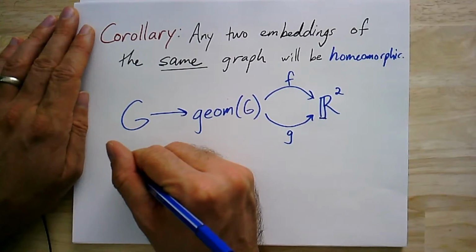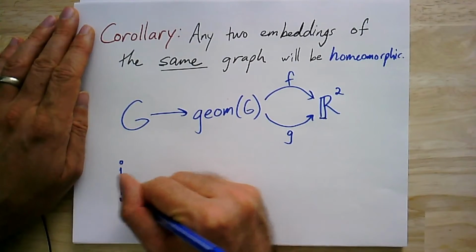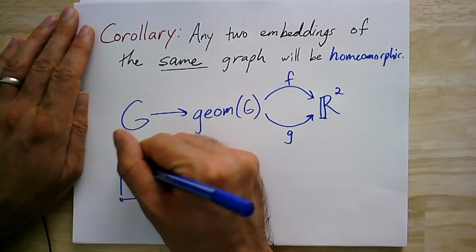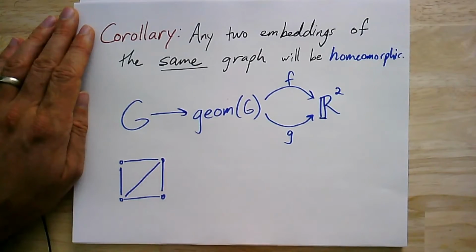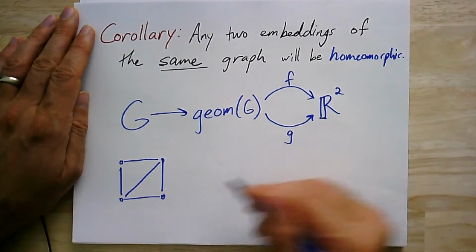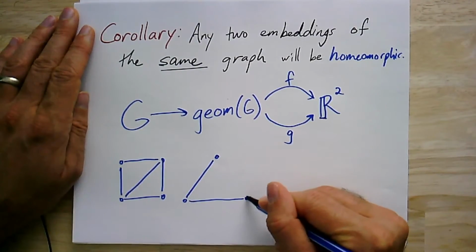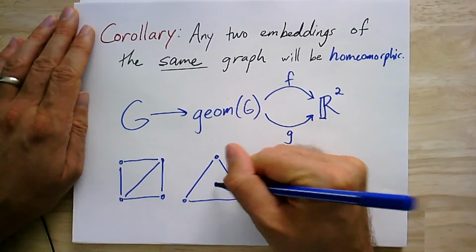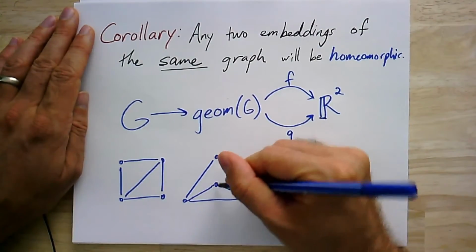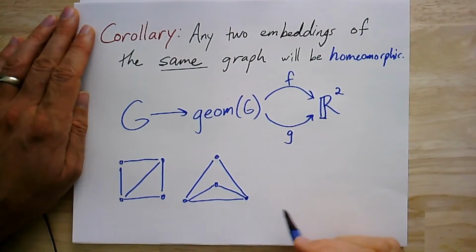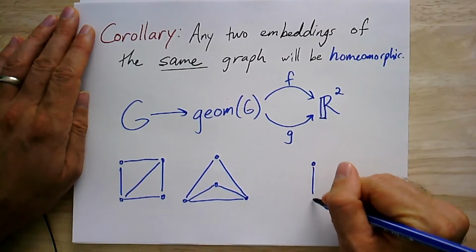So here's a nice example. If I took a graph like this, say it's just a pair of triangles sharing an edge like this, I might have another embedding of this same graph that looks like this. And I might even have another one. Let's do one like this.